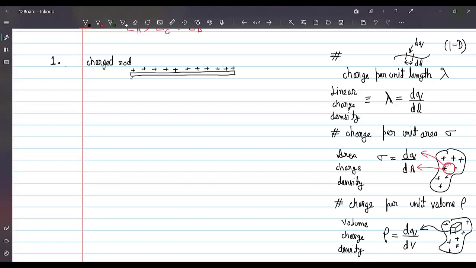Here I'll be giving you lambda, and lambda is a constant here. Means for different points, the value of lambda is the same.